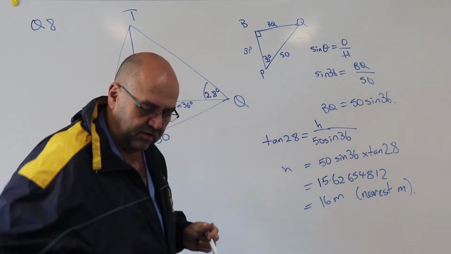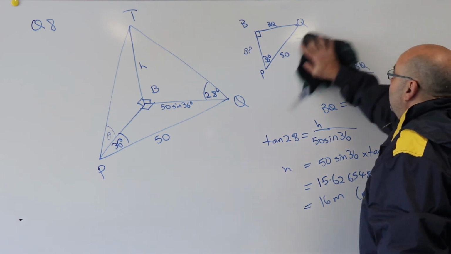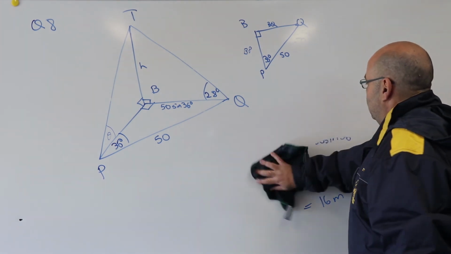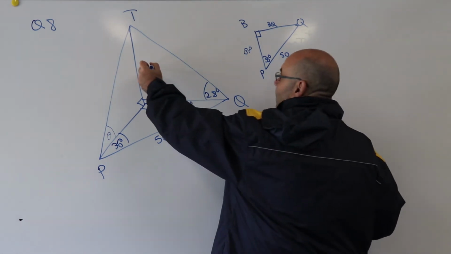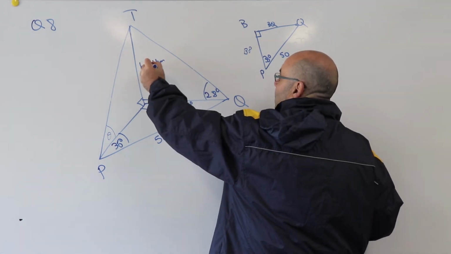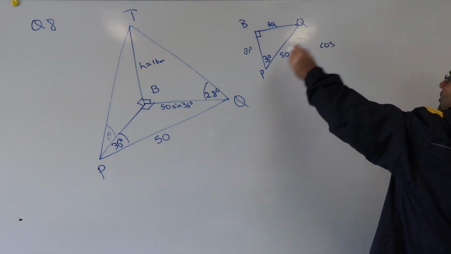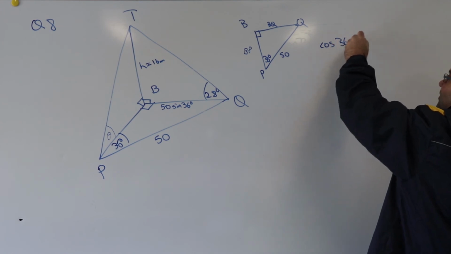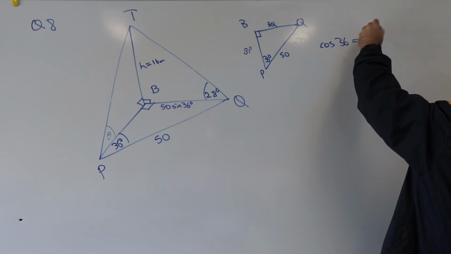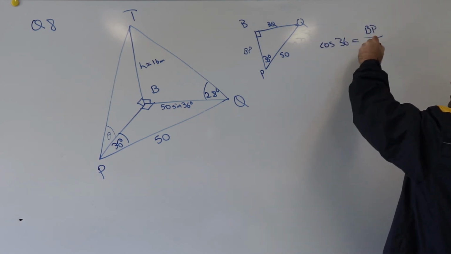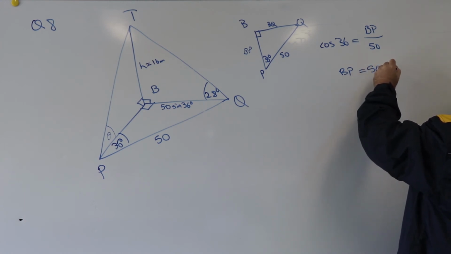Okay, so just give myself a little bit of working space. Okay, so the cos of 36 degrees is the adjacent, BP, over the hypotenuse 50, so BP is equal to 50 times cos 36.